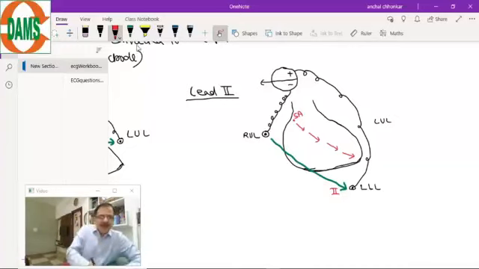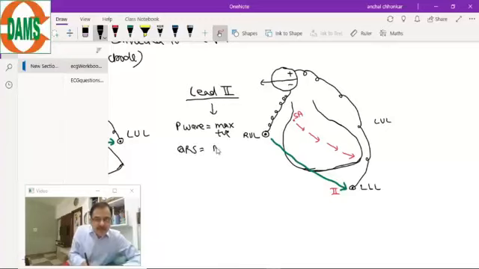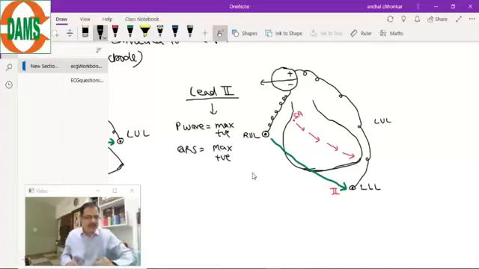So in lead 2, what will be the P wave? Remember, the P wave will be maximum positive. The QRS will also be maximum positive; it will show a maximum deflection. It is parallel and along the line of the normal direction.